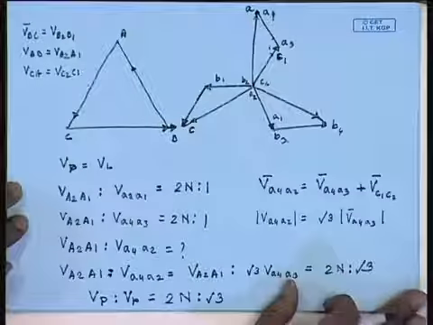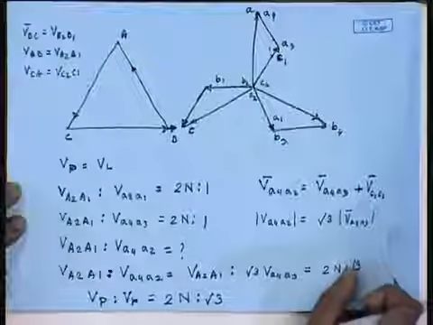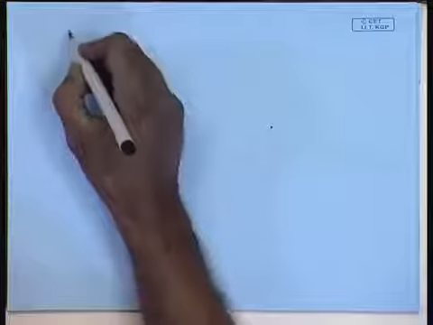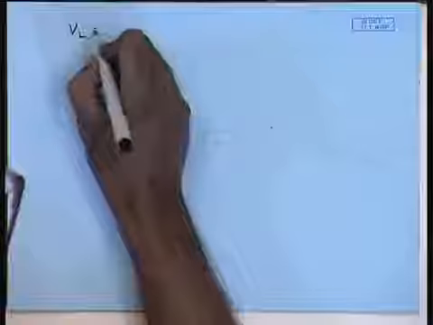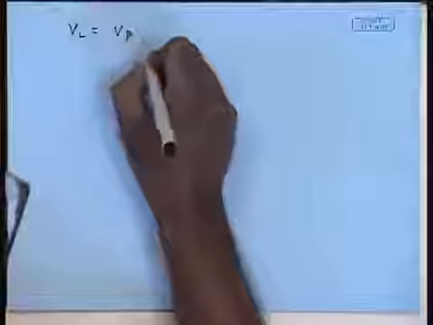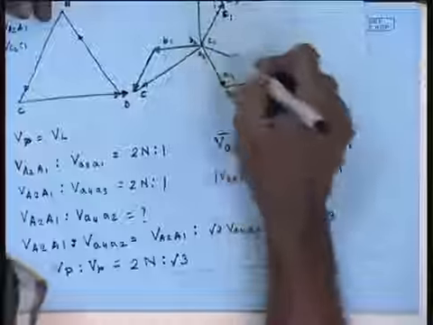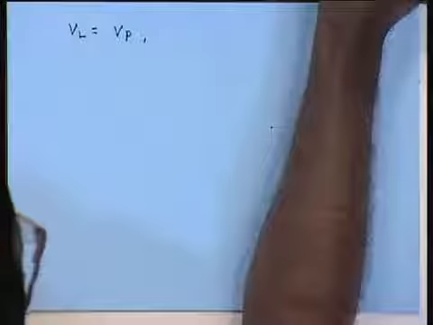What about the line? The line is simply obtained because on the high voltage side VL equal to Vp, on the low voltage side, since after all this is star connected, this is incidentally called the zigzag star connection.